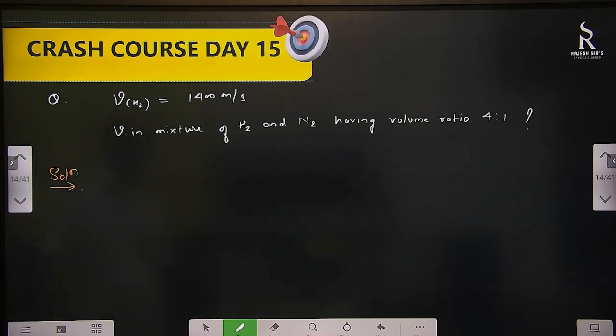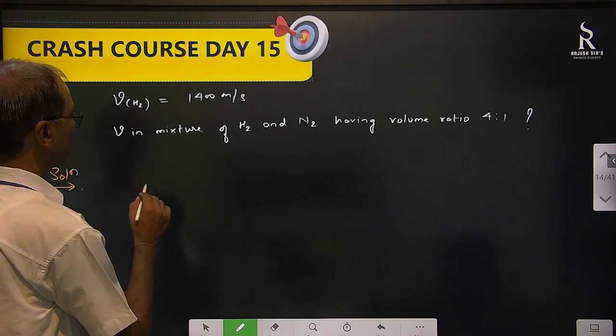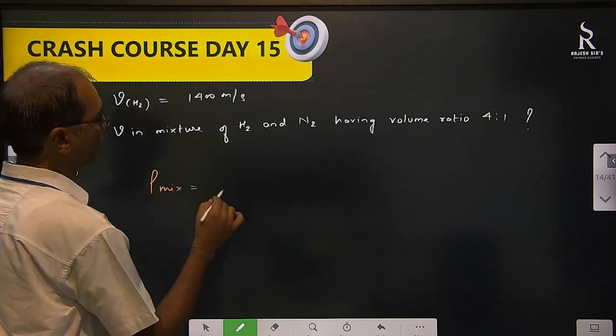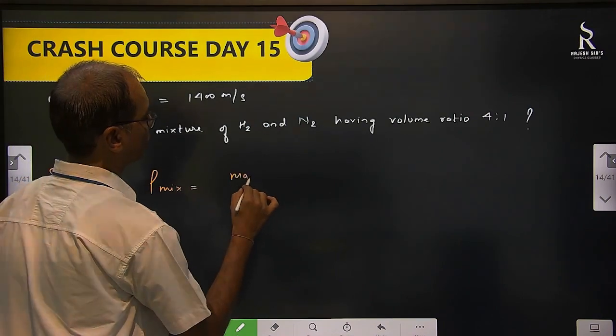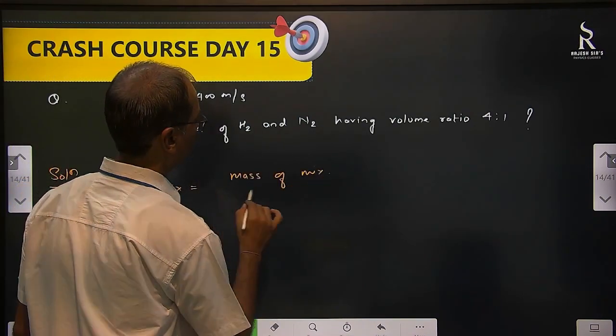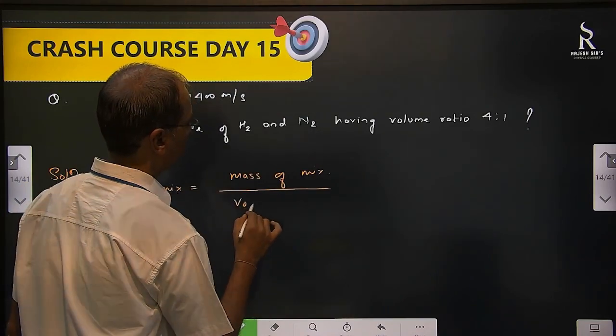So any relation is there? V in mixture, what we can do? Density of mixture we know. What we can write? This is mass of mixture by volume of mixture. That we can do.